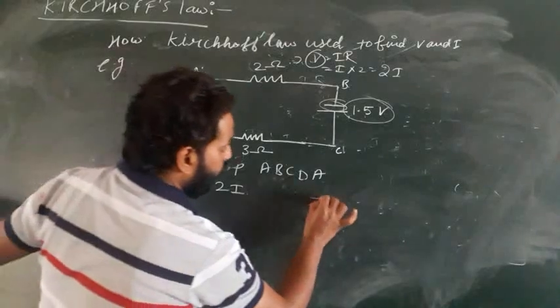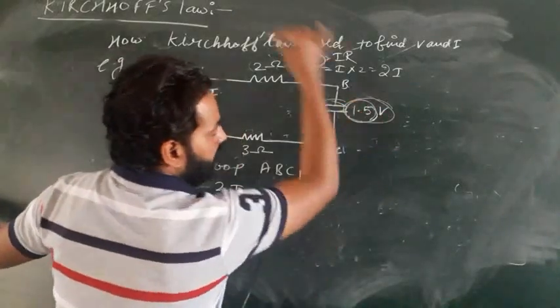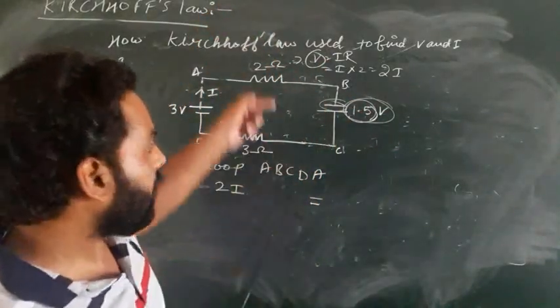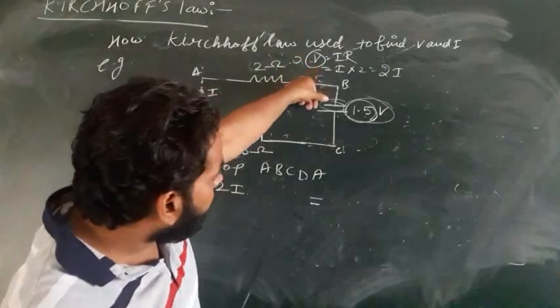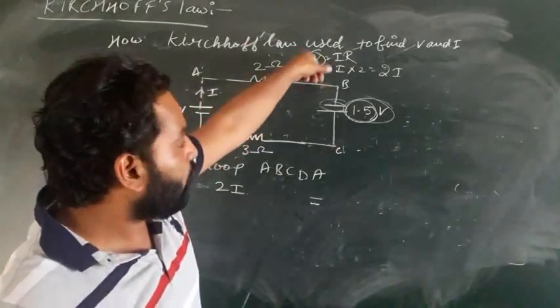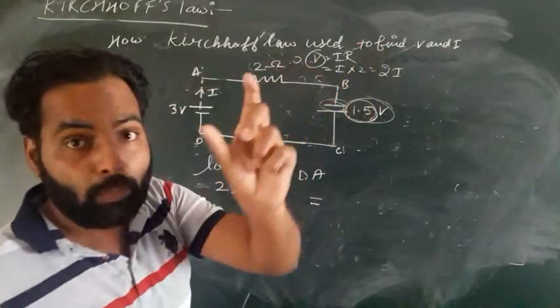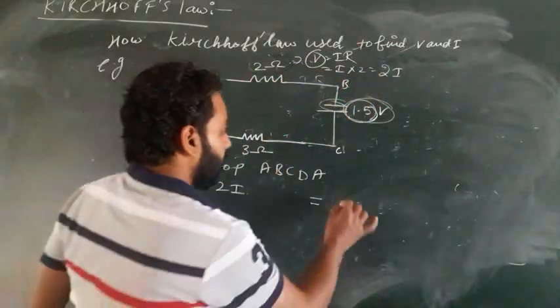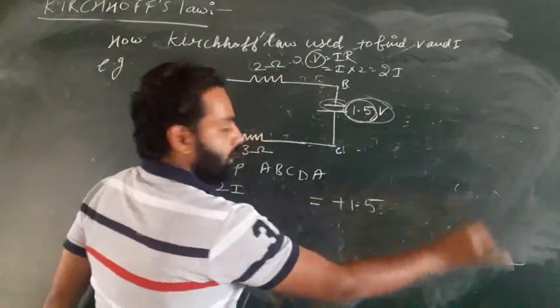So I am writing equal to, what is the EMF of that? Minus 1.5. Since your loop hits the negative terminal, the EMF of that cell is taken as positive, so that is plus 1.5.